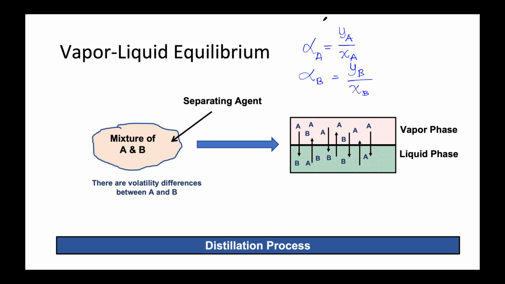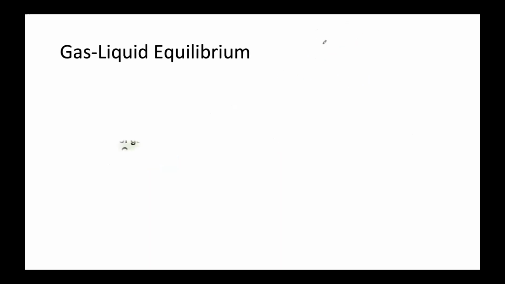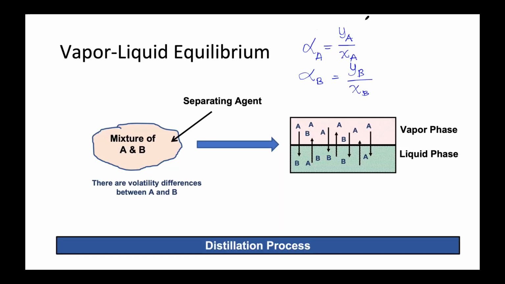If we have a degree of volatility, for example this is A, usually we say A is more volatile. If some substance is more volatile, that means the volatility is high, so at room temperature it is much easier for the component to go into the vapor phase.